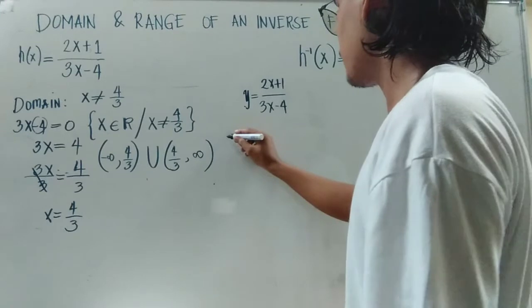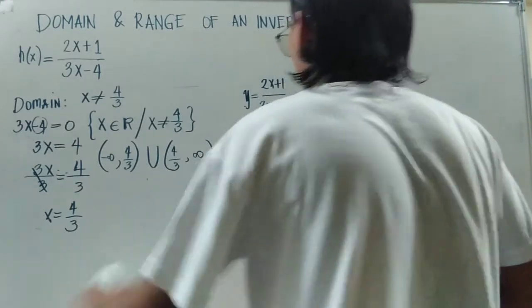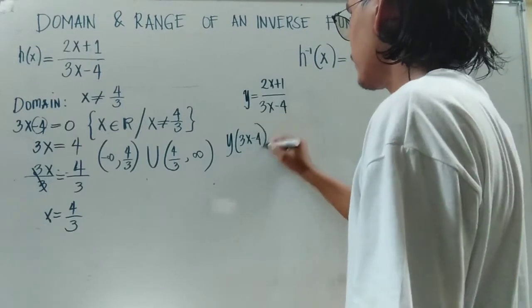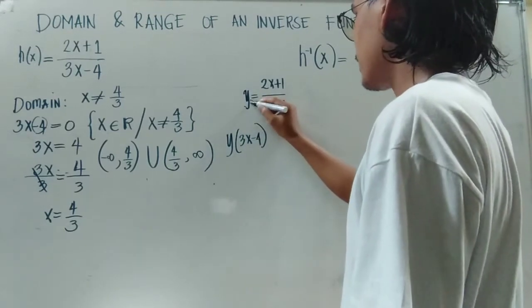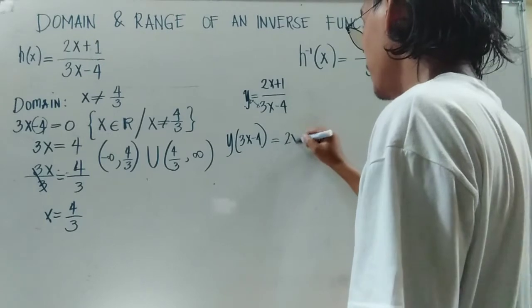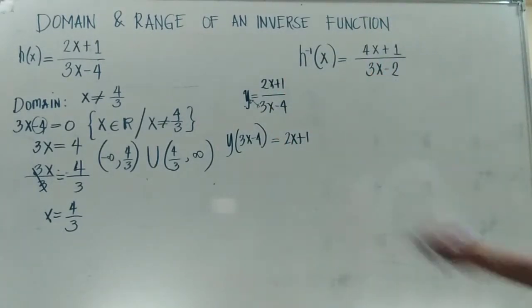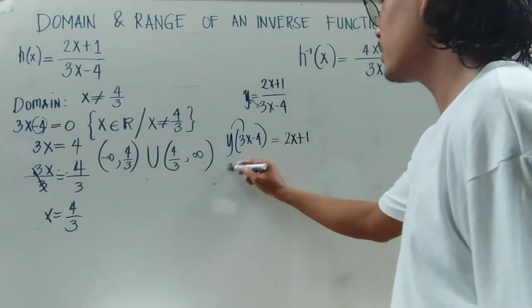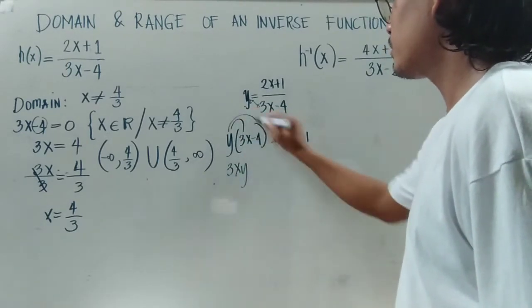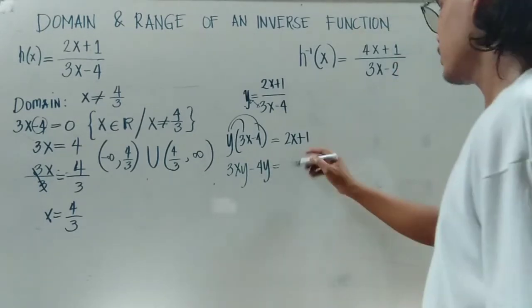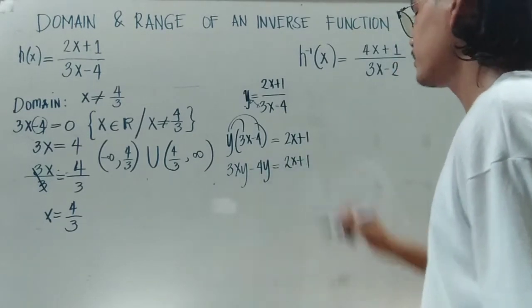Let us cross multiply. We have y times 3x minus 4 equals, copy the numerator, 2x plus 1. Then, by the distribution property, we have 3xy minus 4y equals 2x plus 1.